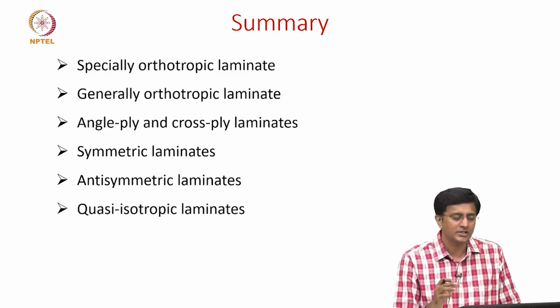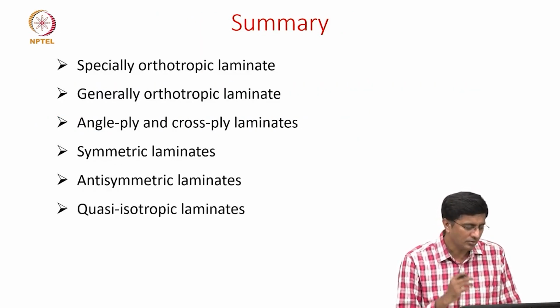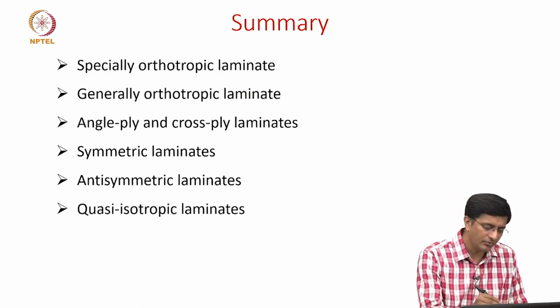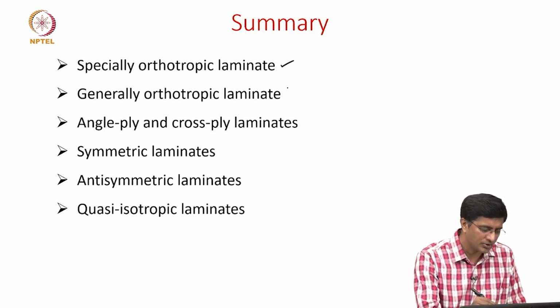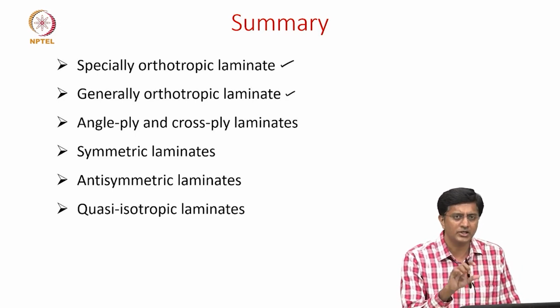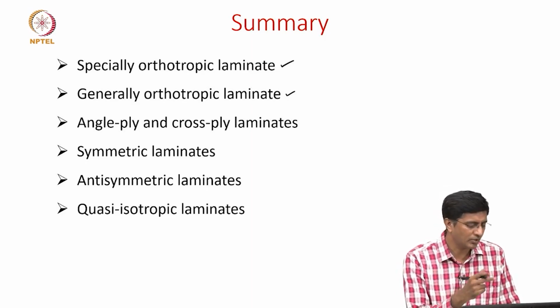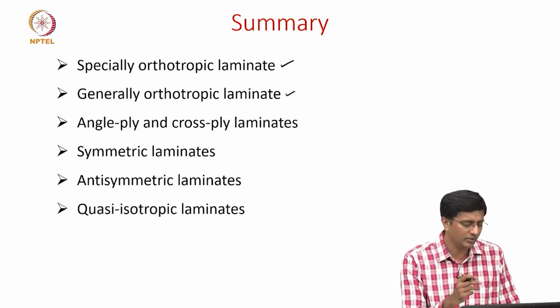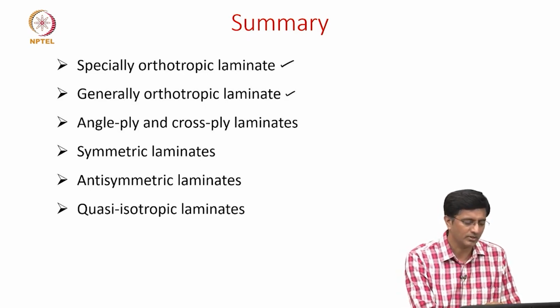Finally, let's summarize what we have discussed till now. In the earlier video, we already discussed the special and general orthotropic laminate. These are essentially a single layer, either with orientation theta equal to 0 or 90, which we call the specially orthotropic laminate, or theta somewhere in between 0 and 90, which we call the general orthotropic laminate.